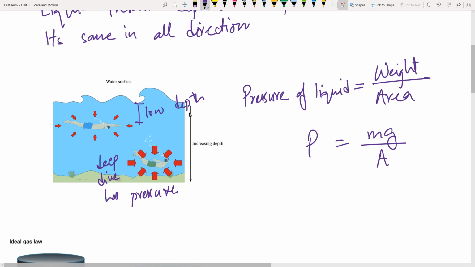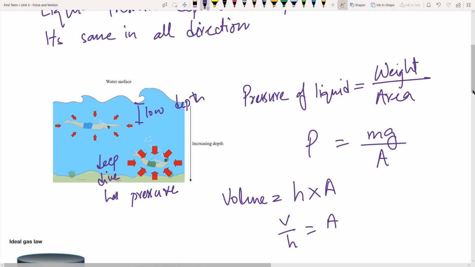Now over here we need to understand how much pressure is going to be there. We can use volume. Volume is equal to height multiplied by area: the height of this water column and the area of the water, that means how wide we are, the surface area that we pose to the water. So the area is going to be volume divided by h.